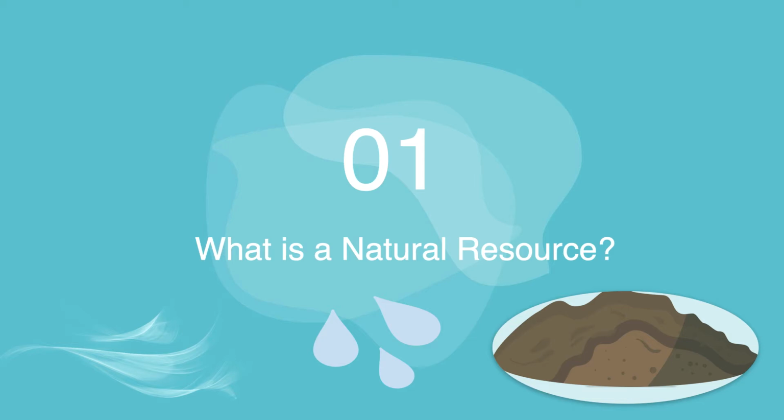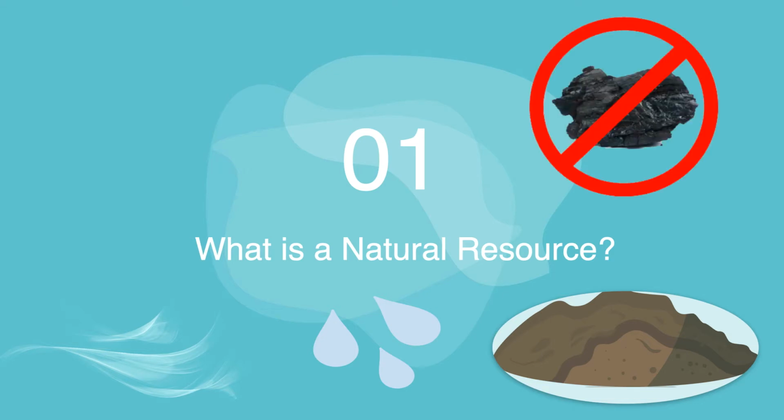Renewable resources are ones that can be used again and again. For example, soil, sunlight, and water are renewable resources. A non-renewable resource is a resource that does not grow and come back, or a resource that would take a very long time to come back. For example, coal is a non-renewable resource.